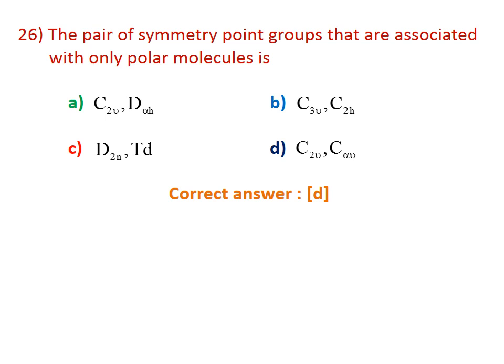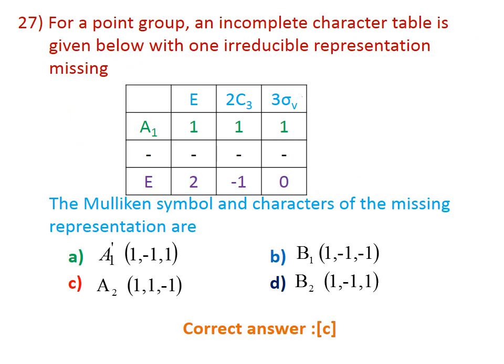The pair of symmetry point groups associated with only polar molecules. Here, molecules which have the point groups C2v and C infinity v are polar in nature. Therefore, the correct answer for this question is D. C2v, C infinity v. This type of molecule possesses polar properties.